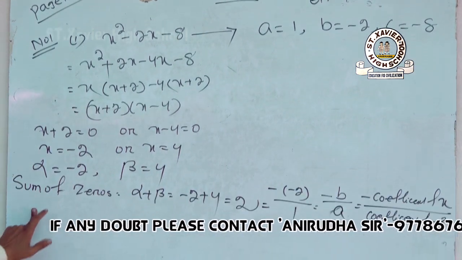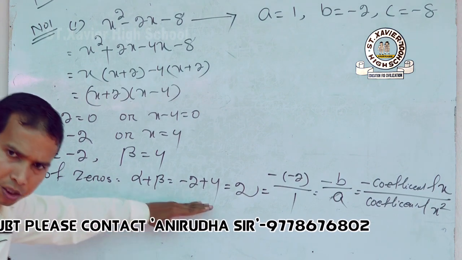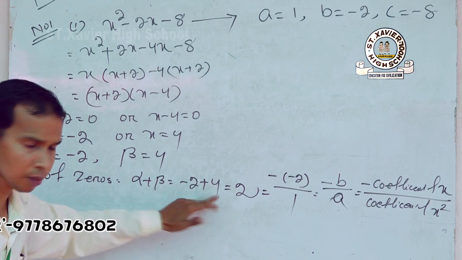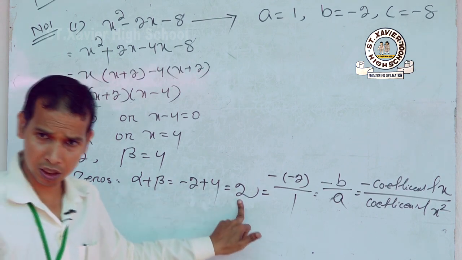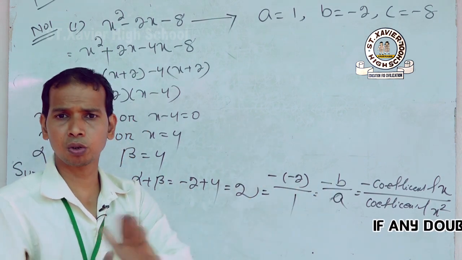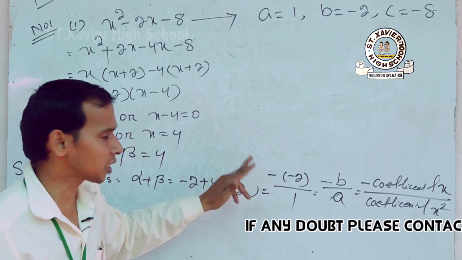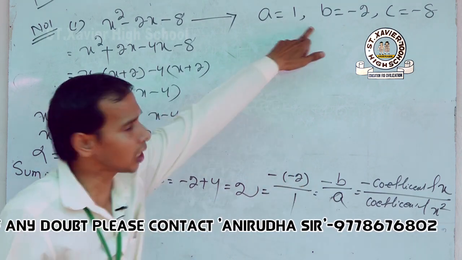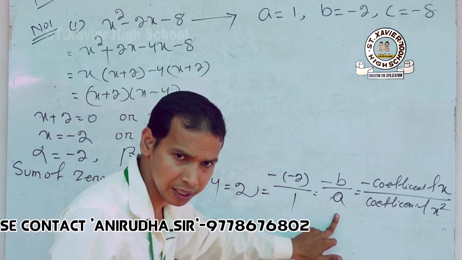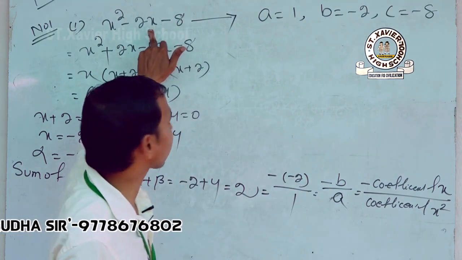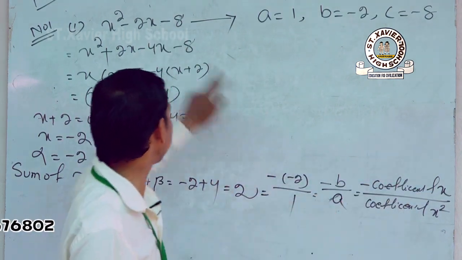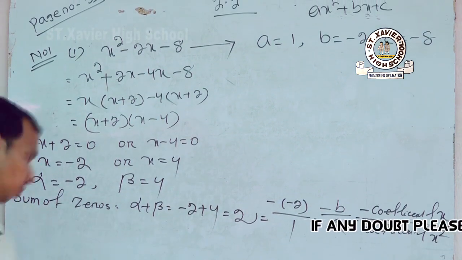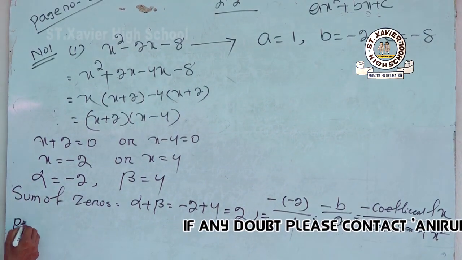Okay, so the sum of zeros, alpha plus beta: alpha here is -2, beta here is 4, -2 plus 4 you get the result plus 2, and to bring it into the structure we change 2 as minus of -2 by 1. So minus of -2, the value is b, minus b by a, so minus b is the coefficient of x and a is the coefficient of x square. Note it. Okay. Then product of zeros.